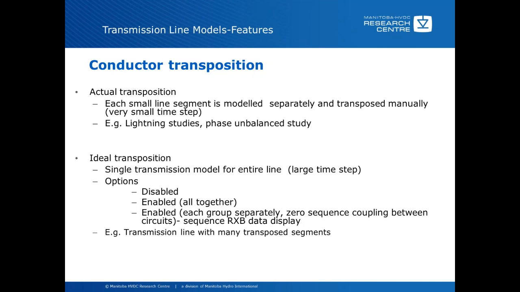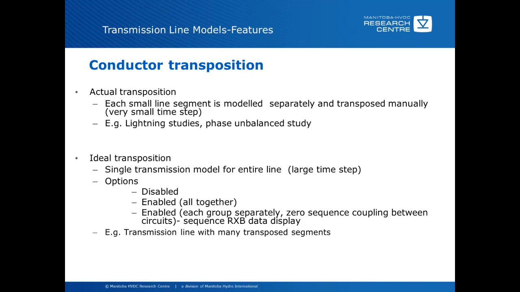In the actual transposition, each small line segment is modeled separately and transposed manually. Since each segment is small, you have to select a very small time step. This kind of modeling may be important in certain studies, including lightning and phase unbalance studies.